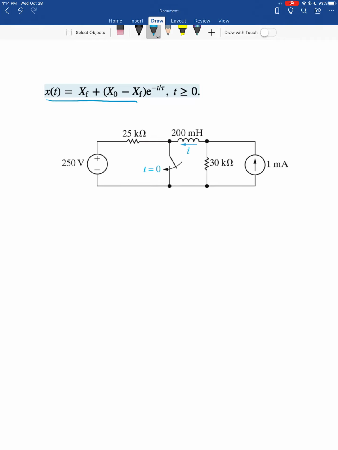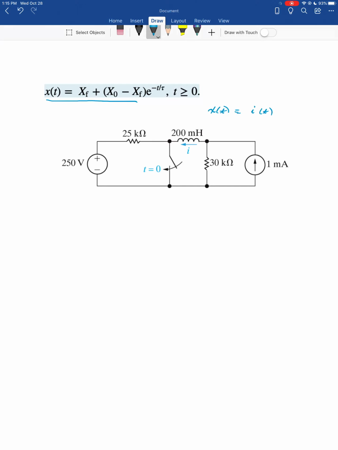So in this particular problem, we're given a circuit where a switch has been open for a very long time, which means that the circuit for all practical purposes can be considered DC. The current through the inductor is what we want to solve for. So our x of t in this example will be I of t.